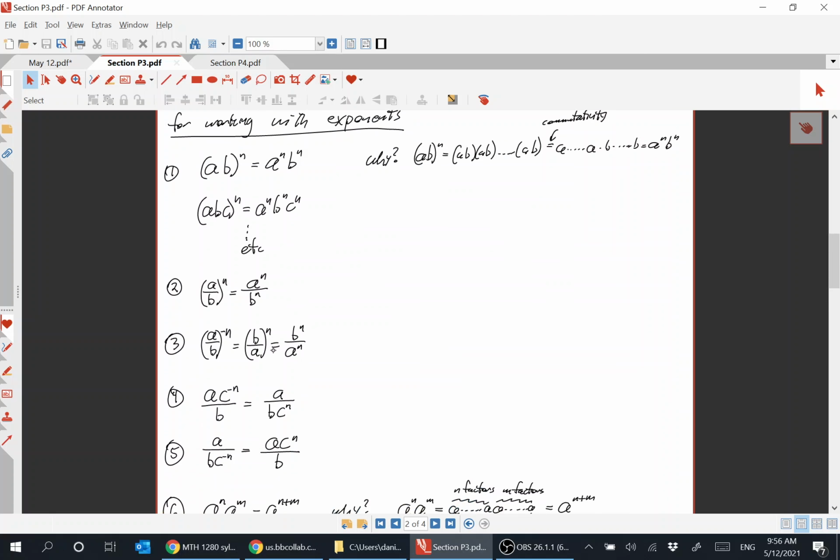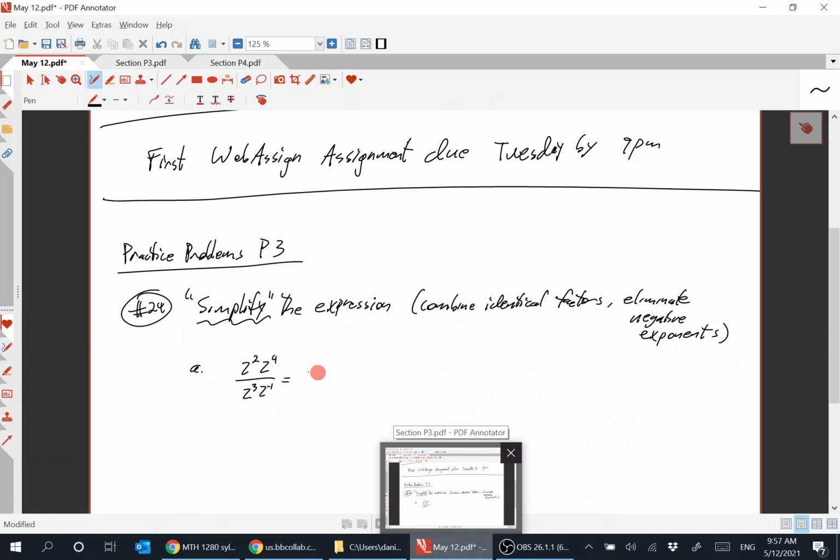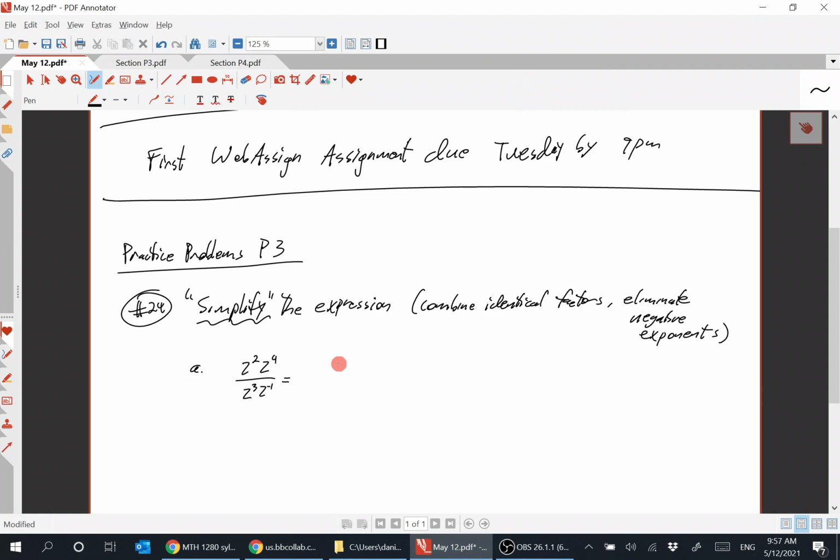Number 6 here: a to the n times a to the m is a to the n plus m. You add the exponents. So z squared times z to the 4th is z to the 6th. Z to the 3rd times z to the negative 1 is z squared.